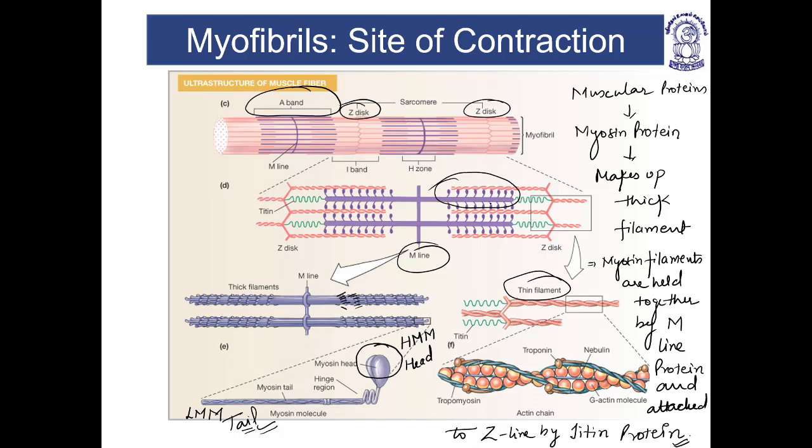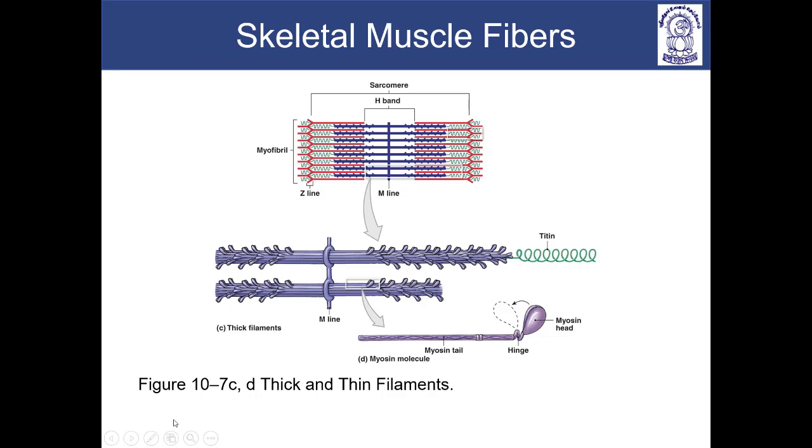Now the myosin protein molecule is a hexamer. Basically, the myosin protein molecule is a hexamer. It has two heavy chains and four light chains. These are the titin which I am talking about.